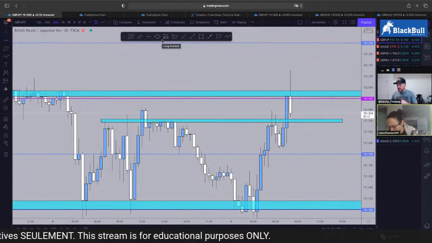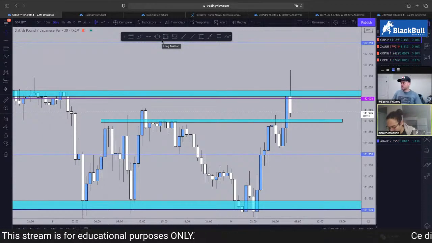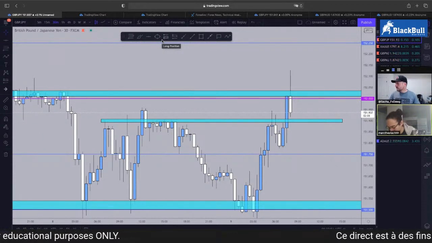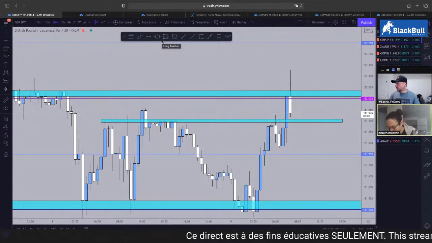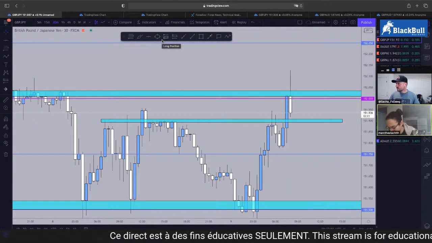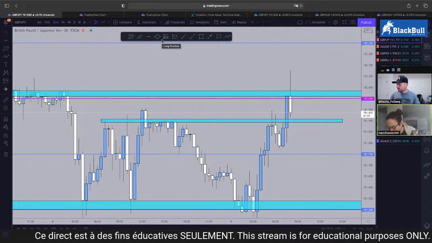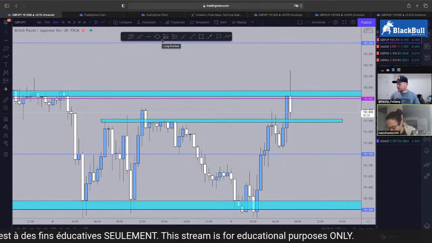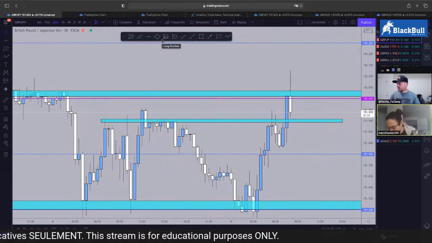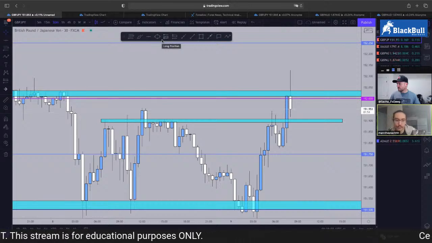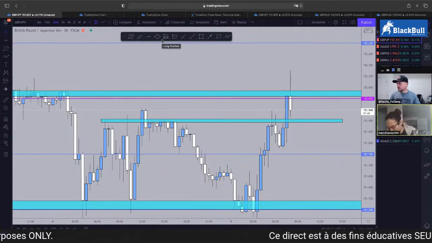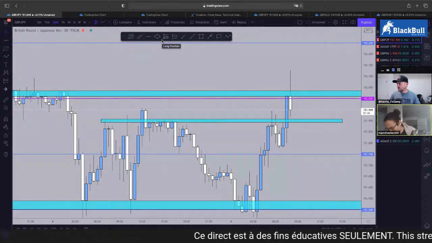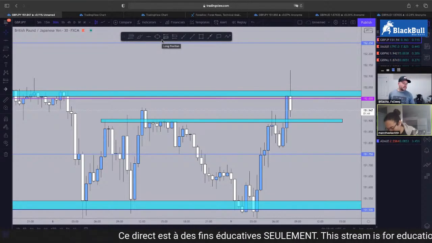So I was mainly looking for sells if we still respect the structure. And right now it's going to be the NY open volume coming in. Let's see how this goes.